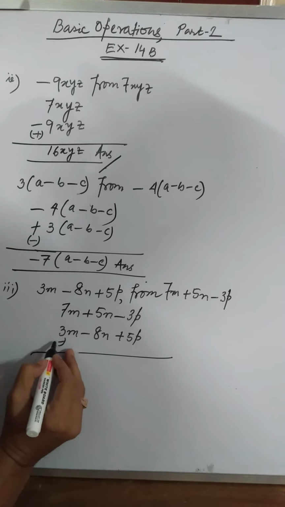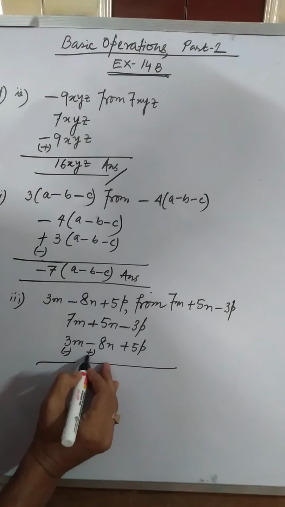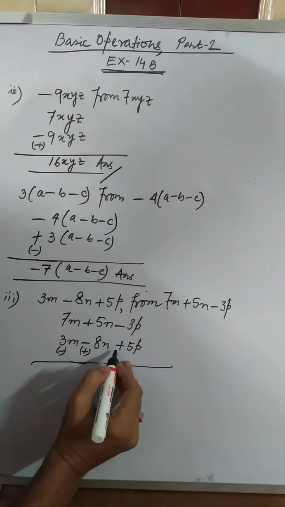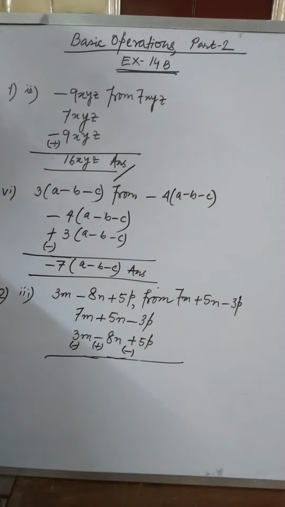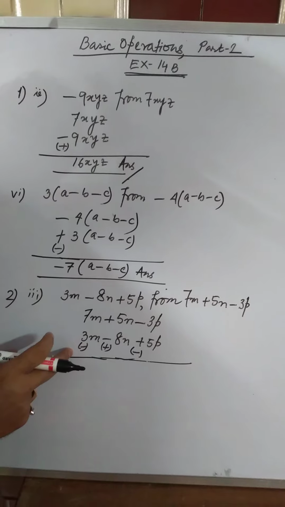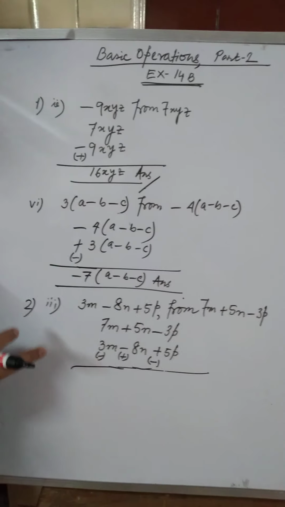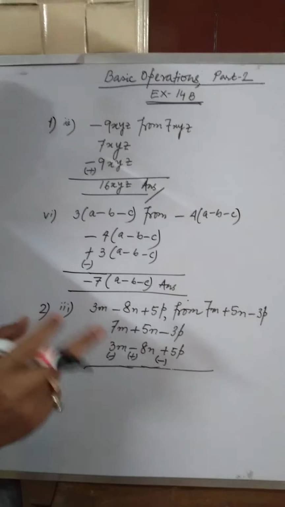So change it to negative. Here the negative sign is there, so change it to the positive one. And here the plus is there, so change it to the negative sign. Now plus 7 minus 3. Absolute value of 7 is more than that of 3, so 7 is the bigger number.